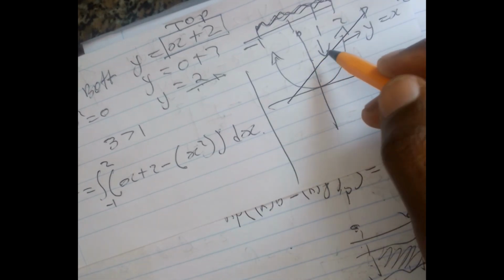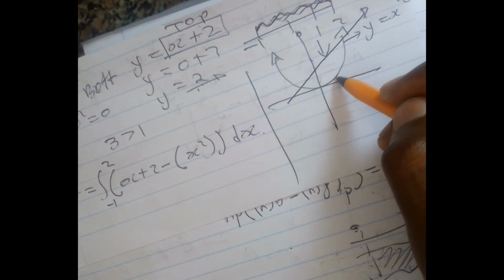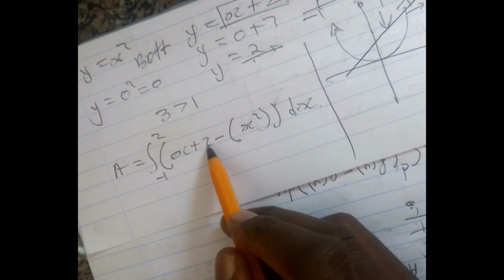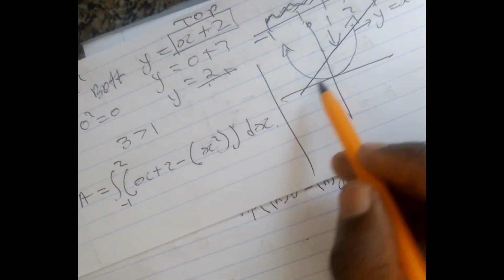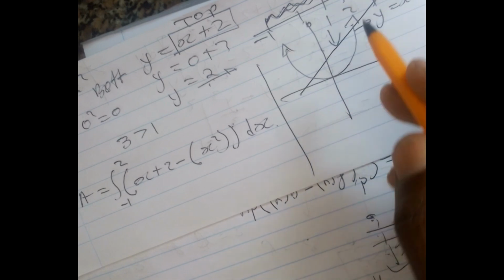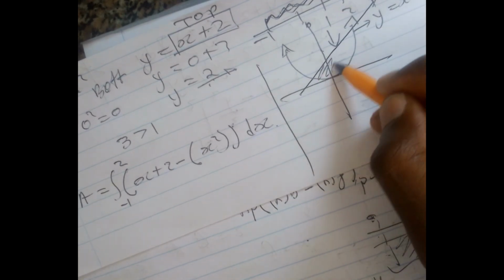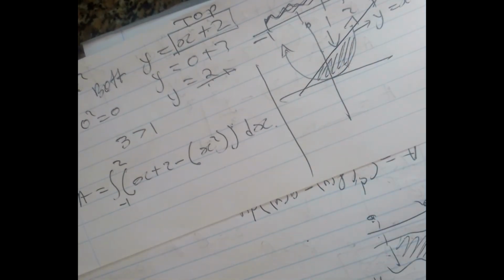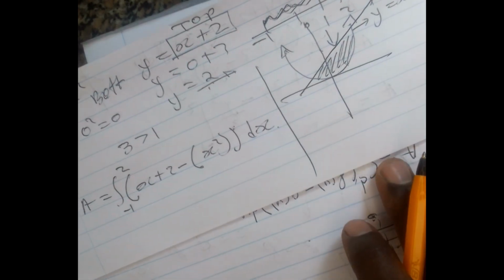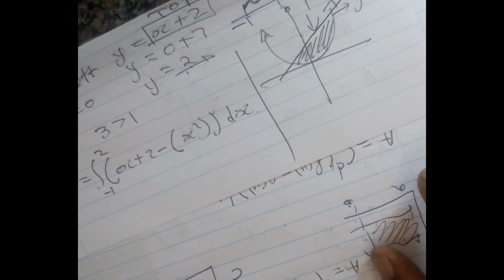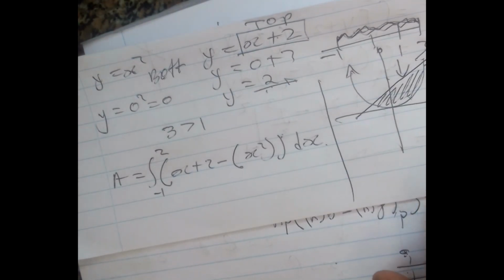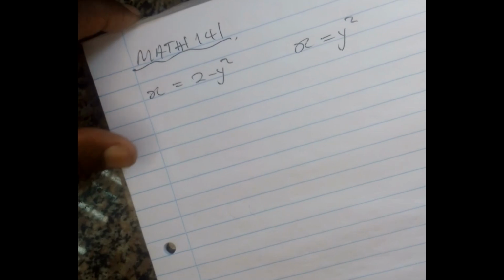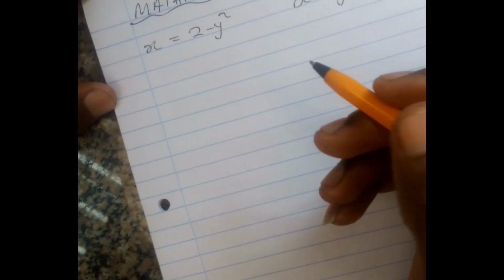When you draw a vertical line, this one is on the top and this one is on the bottom. That's why we say x plus 2 minus x squared. We need that area. So this is the example of how to find which one is on the top and which one is on the bottom. But we're not there yet, we're just passing by the point.